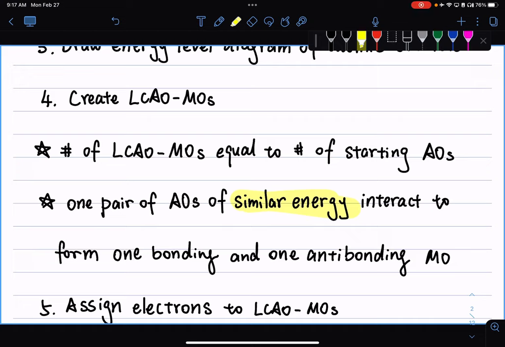What that means is we'll have one of the 2p interacting with the 1s of the hydrogen to create a pair of bonding and anti-bonding MOs. So this pair comes from the 1s of hydrogen and one of the 2p of the fluorine.